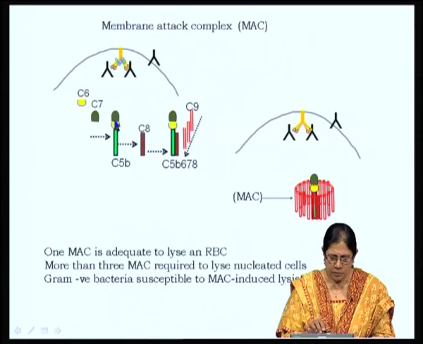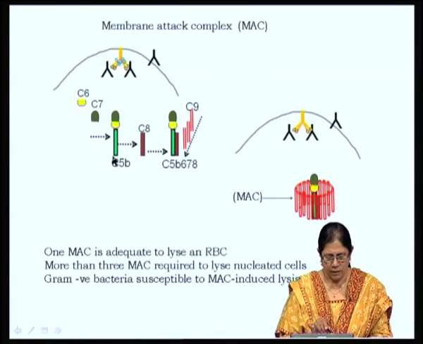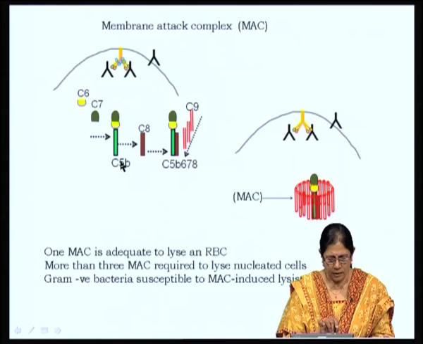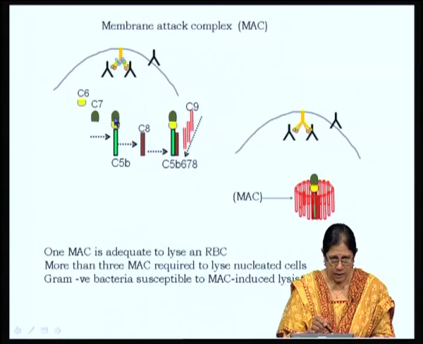The moment C6 binds, C5b, which is held loosely on the membrane, gets stabilized. The binding of C6 to C5b brings about a conformational alteration in the molecule C6, so that a binding site for the next component C7 gets exposed.